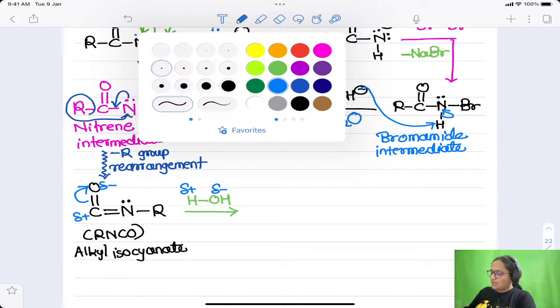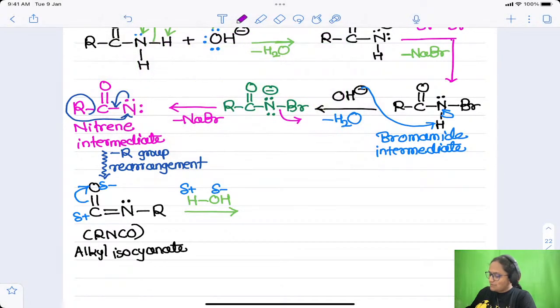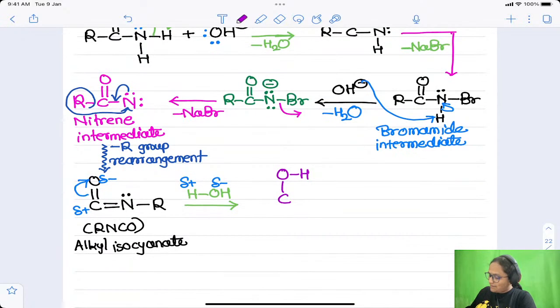I will write down the product now. Here the oxygen will be attached to H, H plus and O minus, opposites attract. Then this carbon will be attached to the OH from this water, like this. Then the double bond N and then R. So this kind of product will be obtained here.